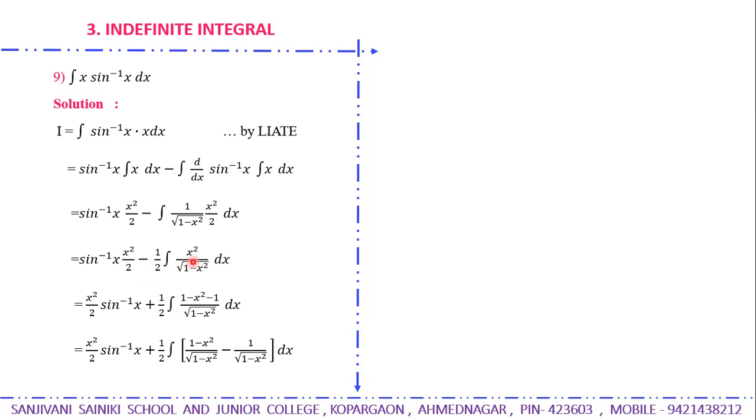Then I will add 1 and subtract 1, so 1 minus x square minus 1 upon root 1 minus x square. Now I will divide this numerator separately by this root. Then here I will get integration of root 1 minus x square dx minus 1 upon 2 integration of 1 upon root 1 minus x square.